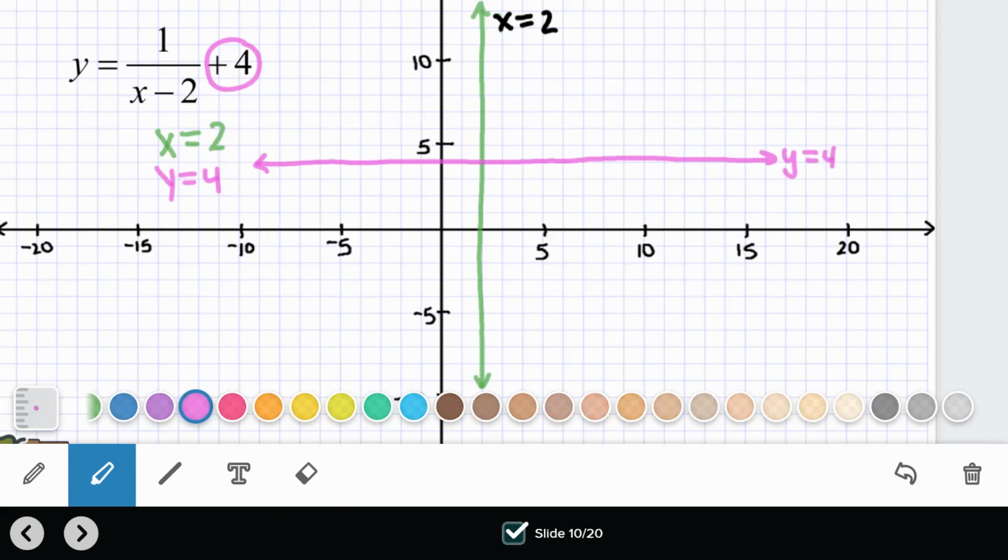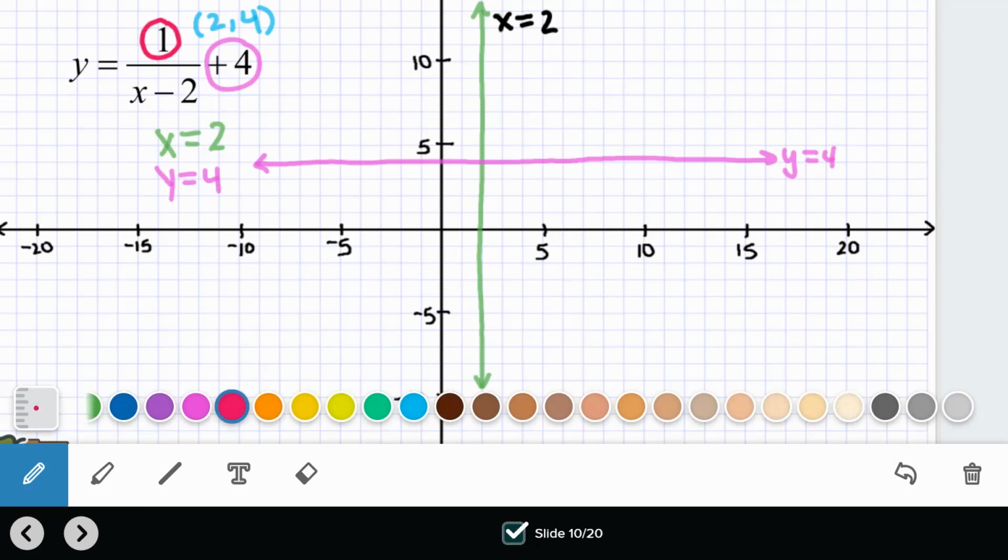Now, if I was to think about a locator point, I guess a locator point would be 2, 4. I'm just going to temporarily put it here. That's 2, 4. That point is not on our graph, but it is kind of like our new center. Okay, so let me see if it will undo that for me. And then when I'm looking at this and I see that this is a 1, then I want things that multiply to 1.